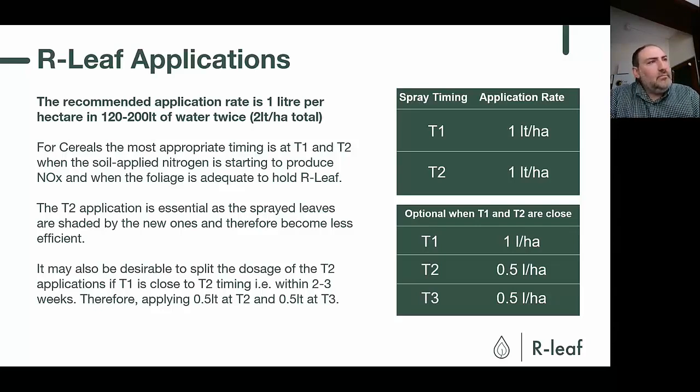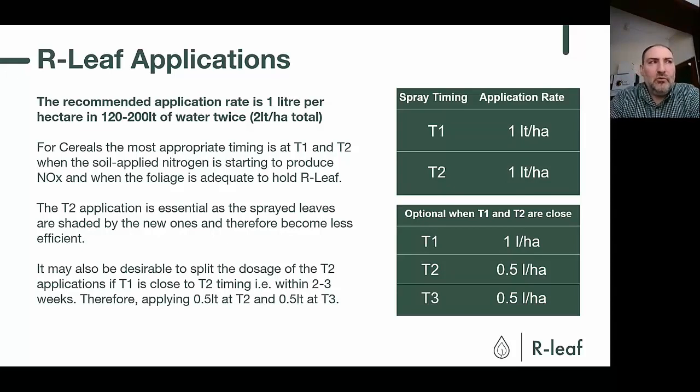The reason we go at T1 and T2 and don't put everything at T1 is that as the crop is growing, the new foliage shades the foliage that has been sprayed. That still works, but probably reduces the efficiency because the light intensity is reduced. That's why we have split it and go at T1 and T2.